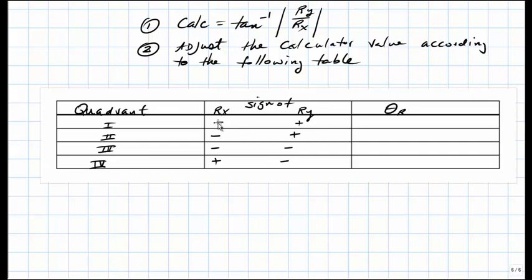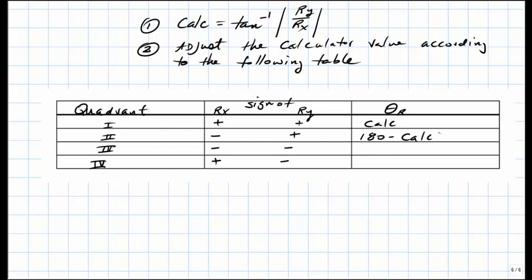If r is in the first quadrant, it turns out that theta sub r, the angle that we're looking for, just equals the calculator value. Whatever's on your calculator screen, that is the value of theta sub r. However, if we're in the second quadrant, that calculator value has to be adjusted according to 180 minus the calculator value.